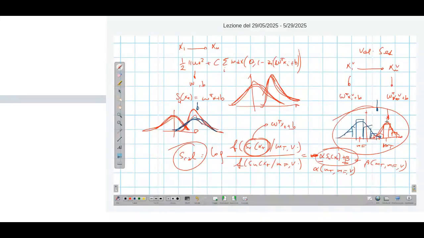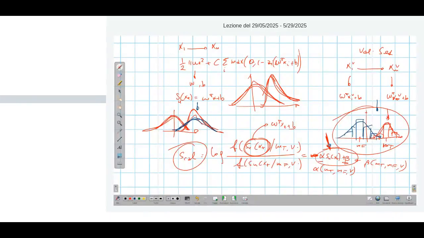Now, we said sometimes it's not easy to find good distribution models for our samples. For example, the Gaussians may not be good enough. But in many cases, we're not going to show it, but in many cases a linear transformation for the scores may be enough.